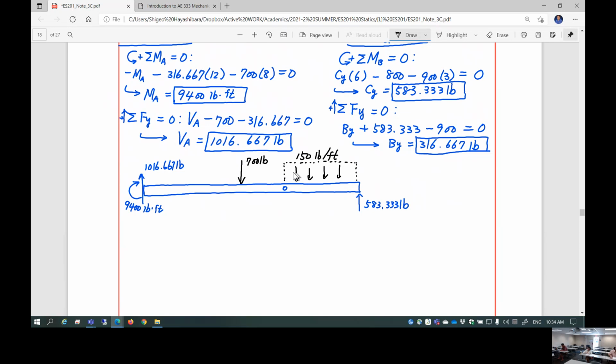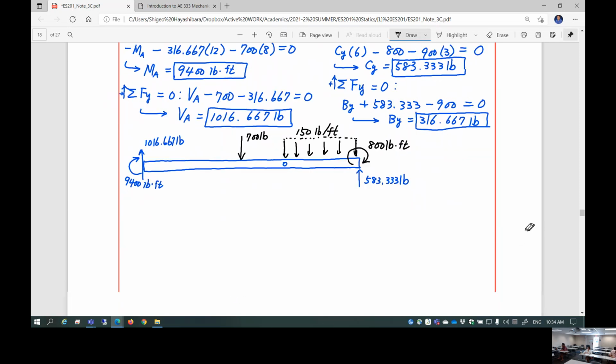This is distributed loading. And then right here, don't forget externally applied moment, 800 pound-foot. So this is the free body diagram ready to draw for shear and moment.